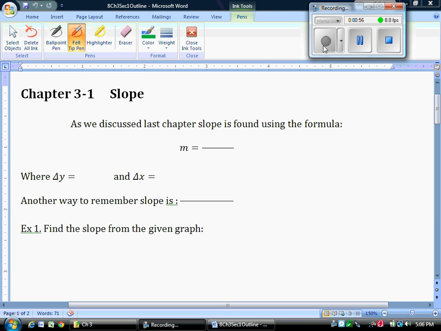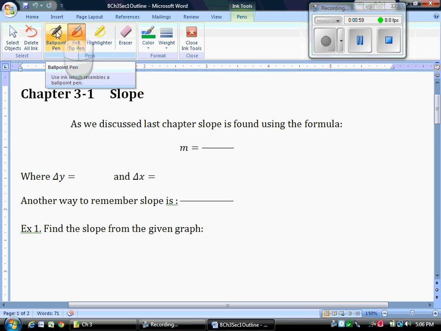The formula for finding slope, we've already talked about this past chapter, is delta y over delta x. We remember that. M stands for slope, and it's the change in y over the change in x. The change in y, or delta y, is just a y value, y sub 1, minus another y value, y sub 2.